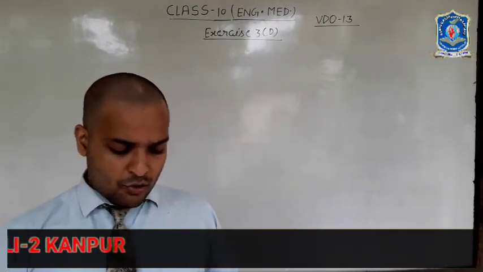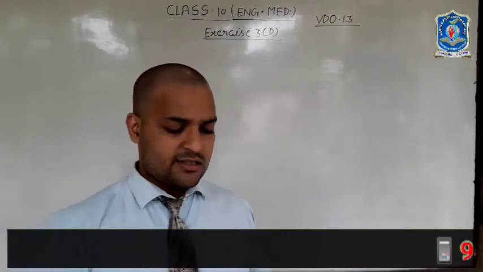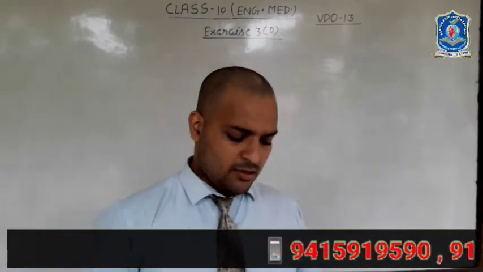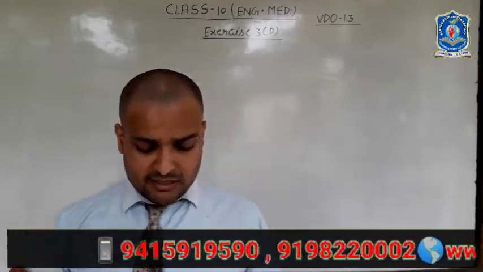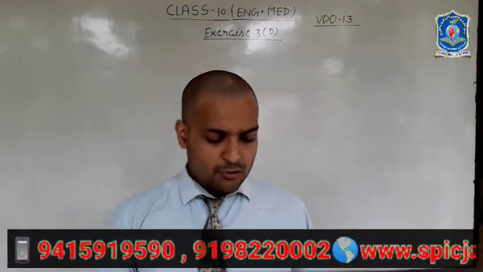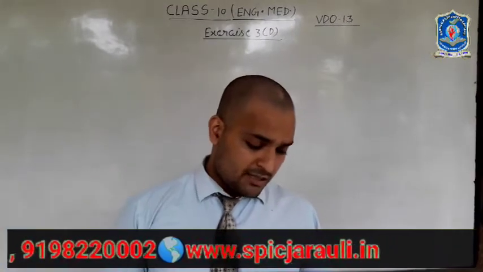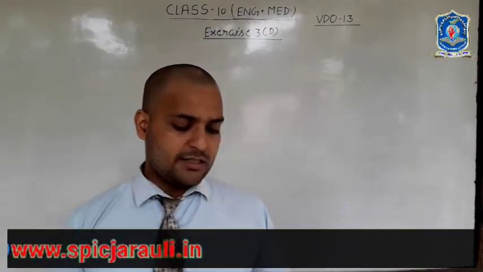Okay, so I am starting today with question number 8 of exercise 3D. The question is: on comparing the ratios a1 by a2, b1 by b2 and c1 by c2, find out whether the lines representing the following pairs of linear equations intersect at a point, are parallel or coincident.